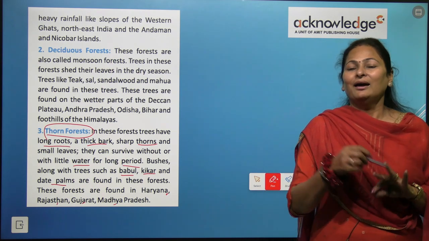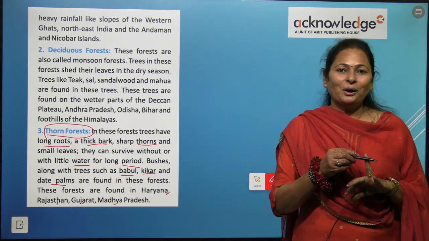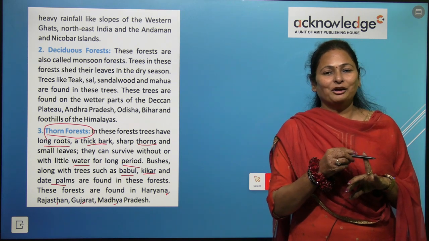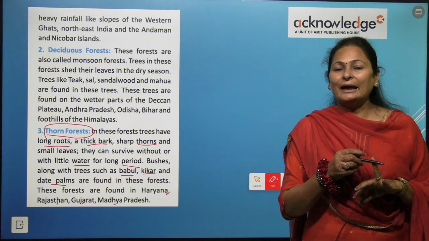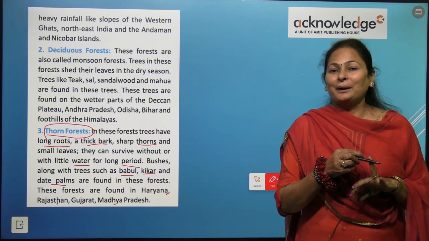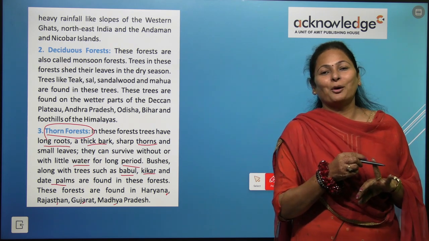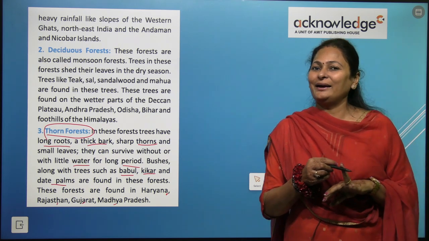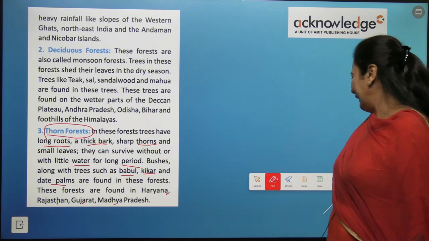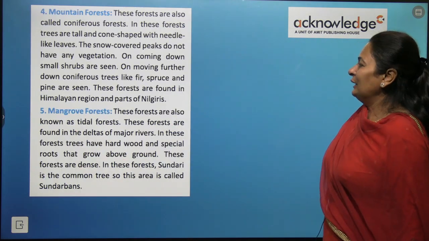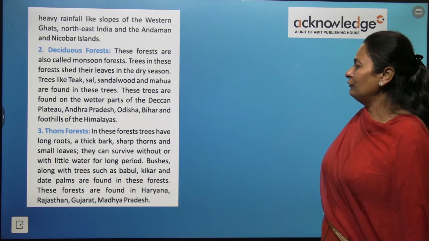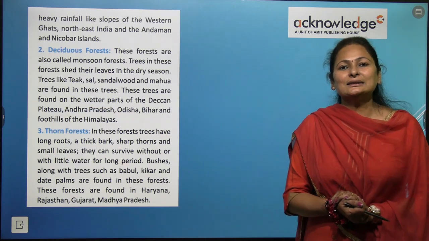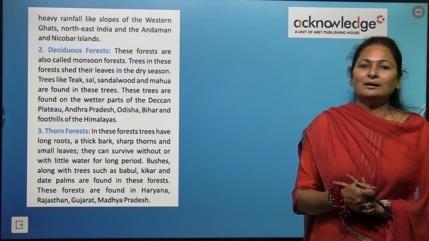That is why the leaves change into thorns. And one more benefit of these thorns: the plants save themselves from being eaten by animals, right? So that's for the thorn forest. Have you understood, kids? Shall we move to the next one?